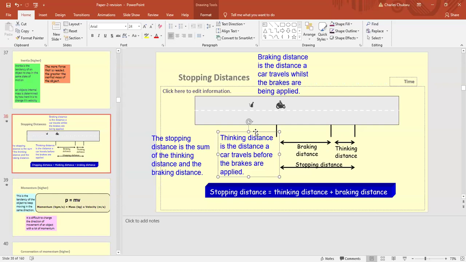And then the braking distance is, after hitting the brakes, the distance that the bike would take before it comes to a halt. Do you agree with me on that? Yes. Okay. So if that's the case, then I think we are good with this formula, right? Stopping distance equals thinking distance plus braking distance.